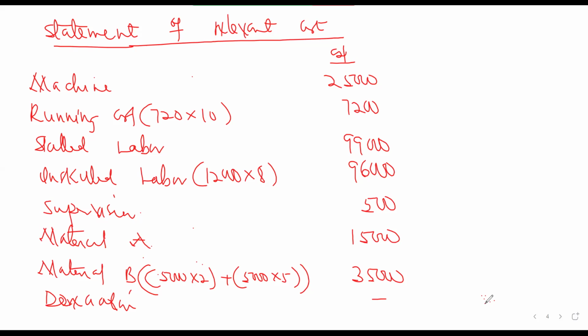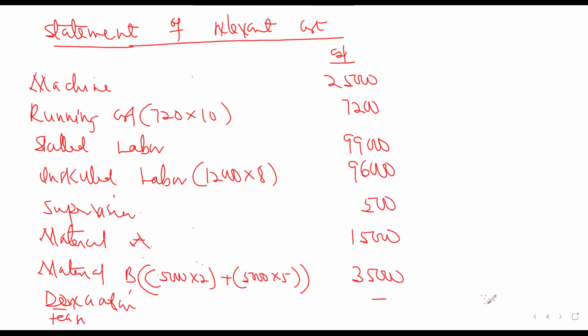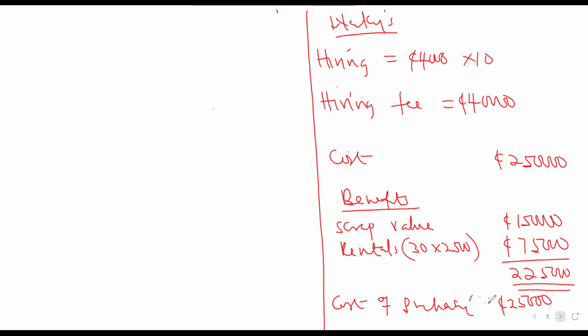Those that will not be part, push a dash there. So the company already incurred expenditure analyzing, so let's just say feasibility cost. Feasibility cost will be dash. Why? Because it is a past cost, a sunk cost.